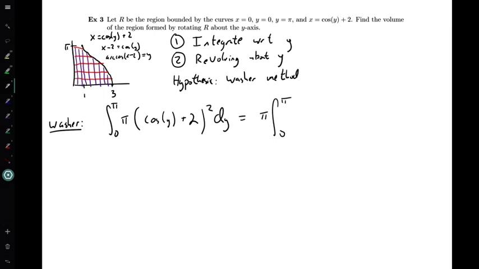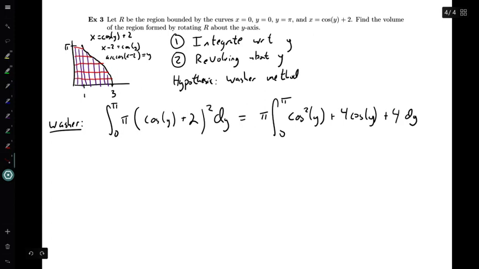Cosine y plus 2 squared, if we FOIL it out, is going to be cosine squared of y plus 4 cosine of y plus 2 dy. Well, 2 squared is 4. Oops.